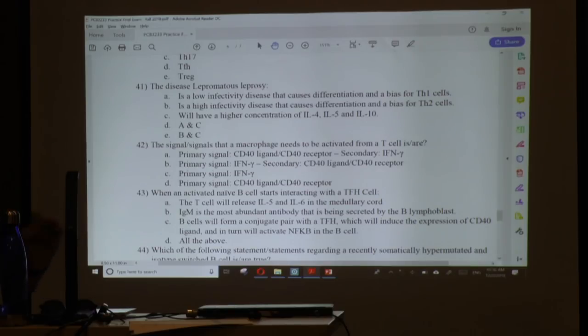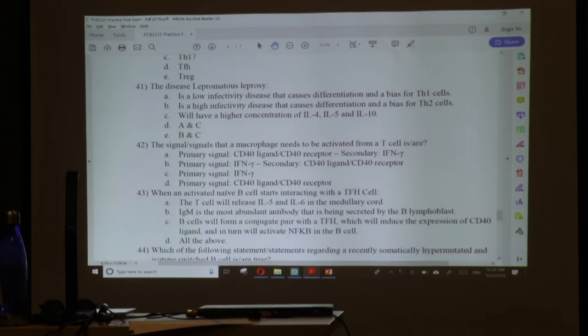The difference between the two is that they will cause a bias of differentiation. So lepromatous will cause a bias towards Th2 cells, right? And then tuberculoid will cause a bias towards Th1 cells.